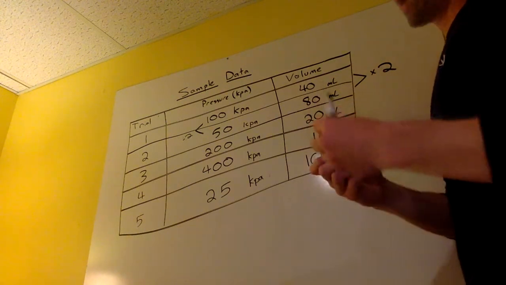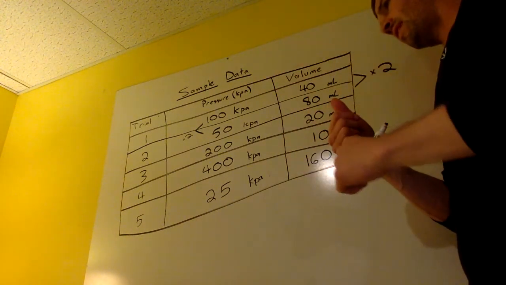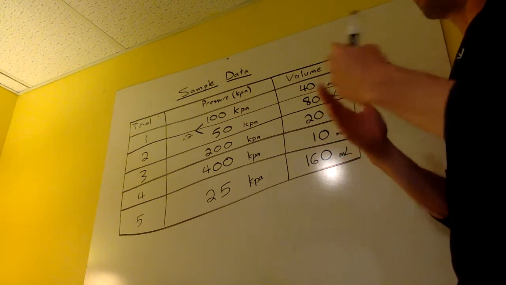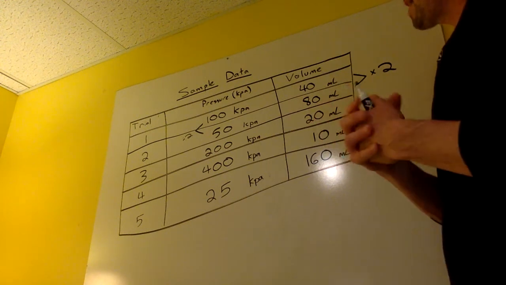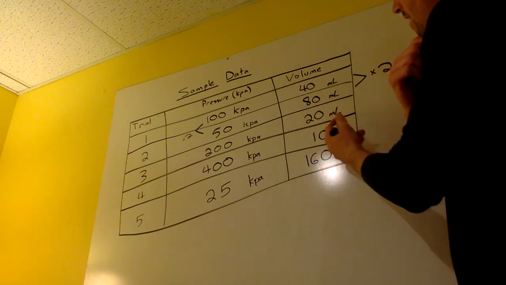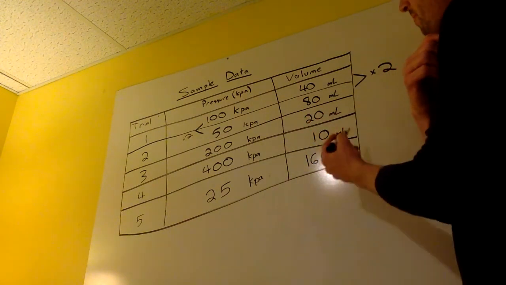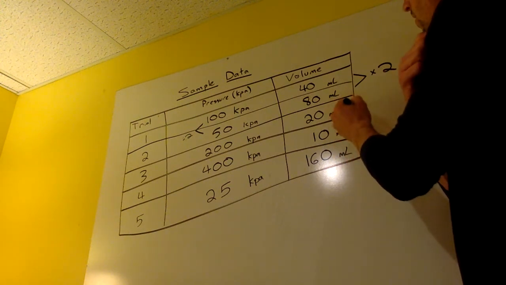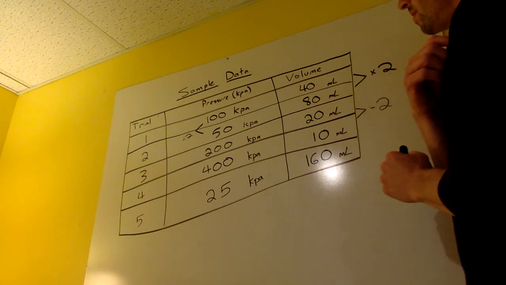So that's what it means to be proportional. The amount that one goes up, that's how much the other goes down. And it's not like it goes up 12, it goes down 12. It's like it's scaled, right? So what would happen if my volume were to get cut in half? Let's say here, going from 20 to 10, cut in half means divided by 2.